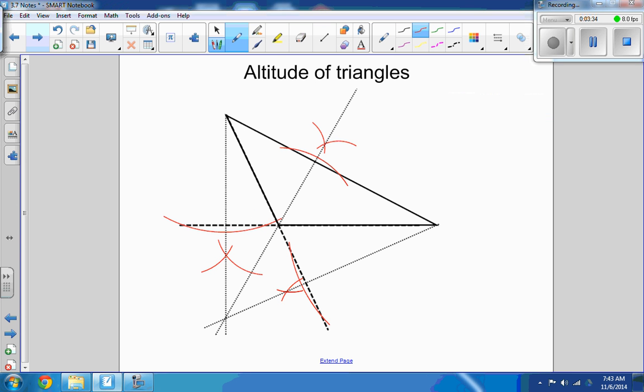The altitudes of a triangle, remember, are from the vertex to a point that is perpendicular to the side of a triangle, even if it's outside the triangle. And you'll notice all 3 altitudes intersect at a single point. The altitudes intersect at the orthocenter.